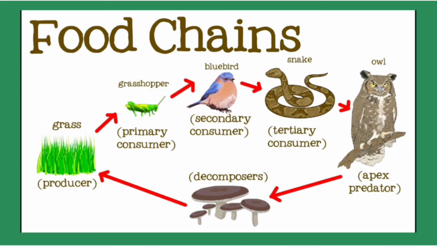The bluebird is food for the snake. The grass is a producer, the grasshopper is a primary consumer, the bluebird is a secondary consumer, and the snake is a tertiary consumer. A food web is a model that shows several connected food chains.